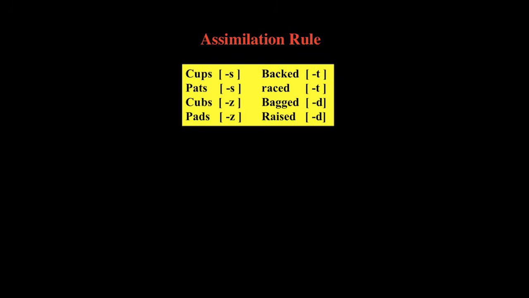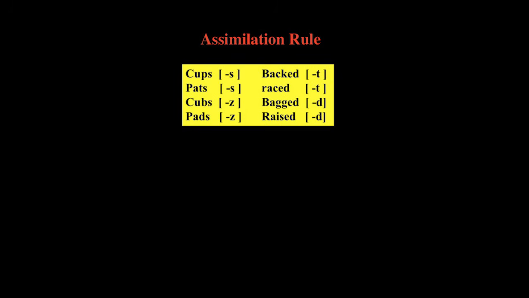Look at the pronunciation of the d sound in the two words baked, raised, and also in these two words bagged and raised. So we notice that it is actually pronounced as t in the first two words, and it changes to d, or it remains d in bagged and raised.